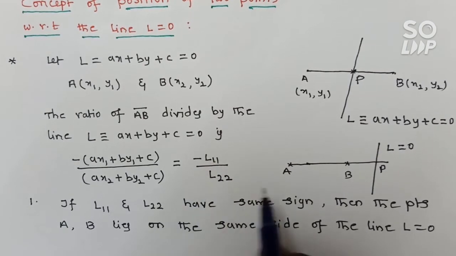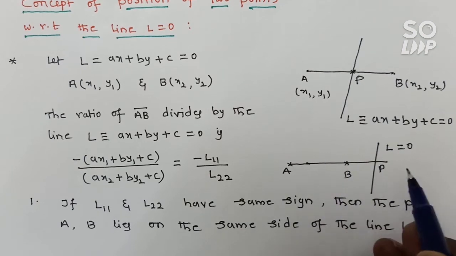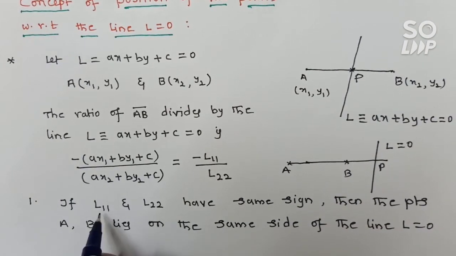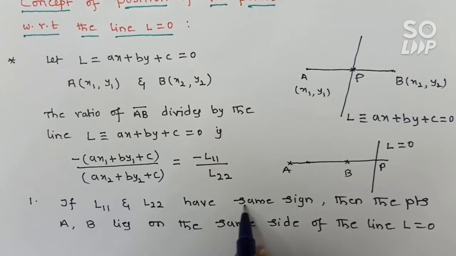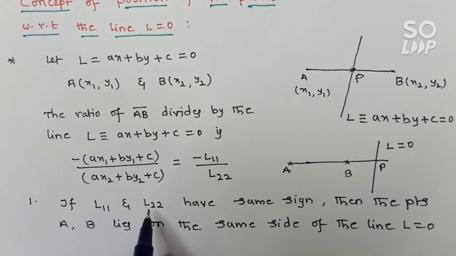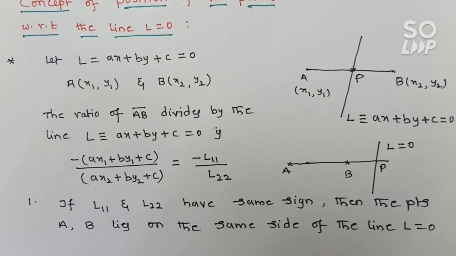So the negative ratio means the point of intersection will be external to AB, right? So what is the other condition from this statement? L11, L22 have the same sign means either both are positive or both are negative. Both positive means the product will be positive. Even if both are negative, the product is positive.